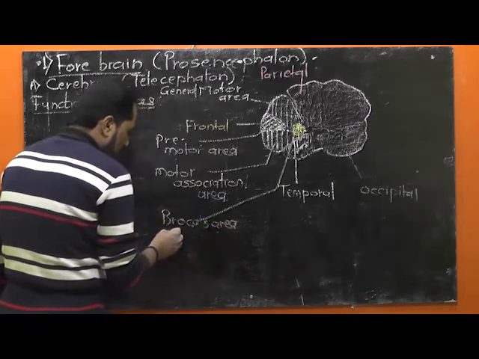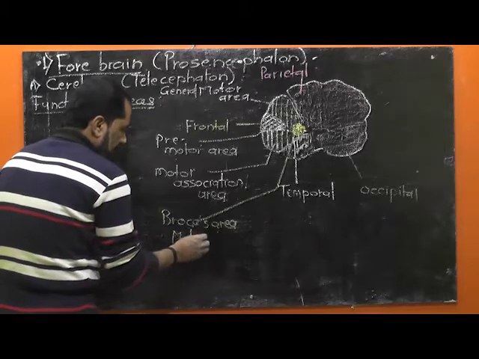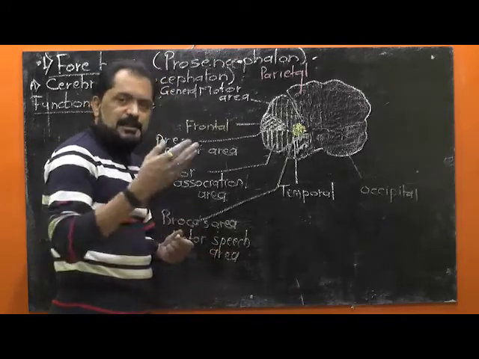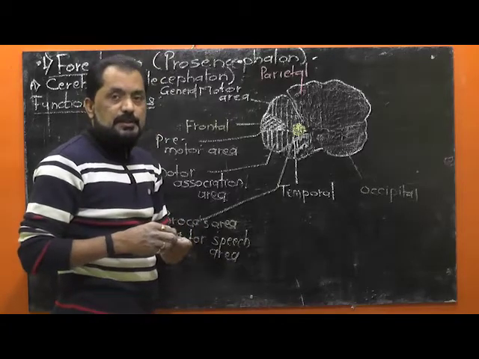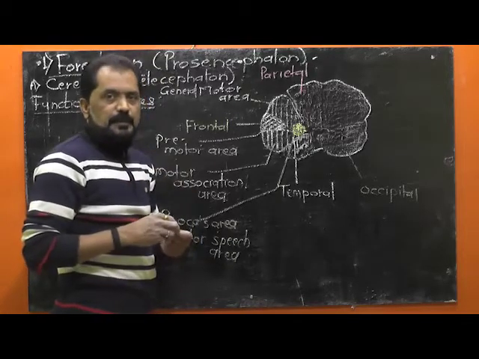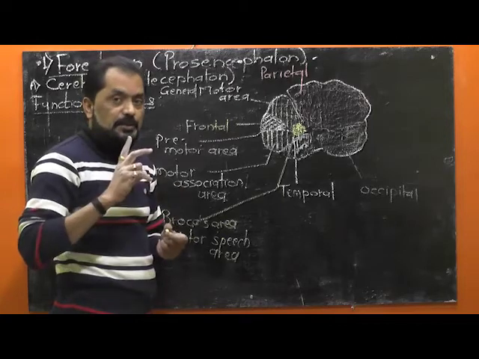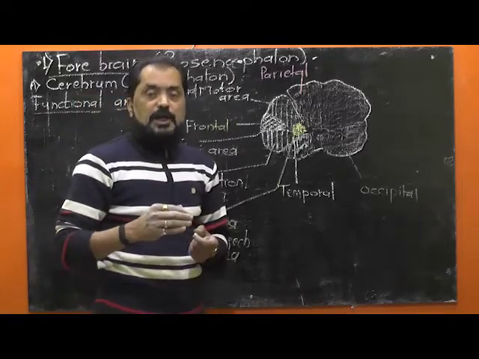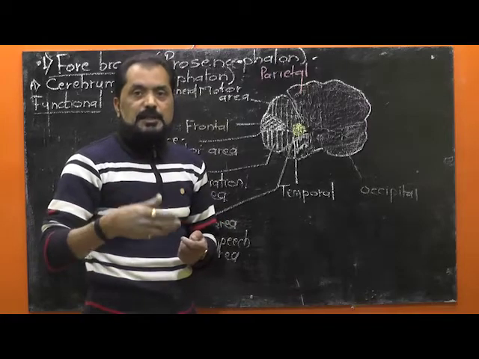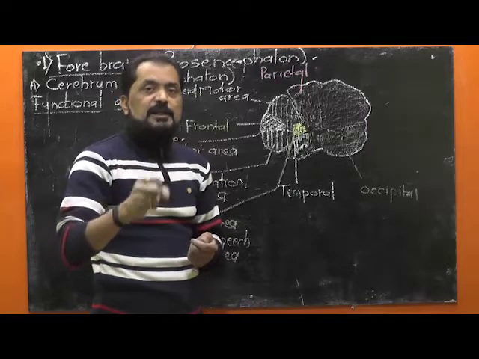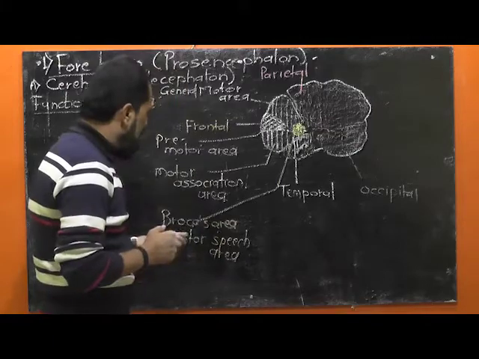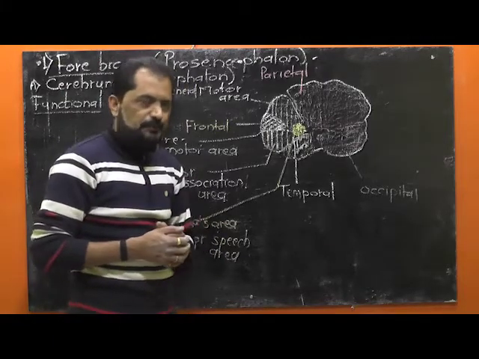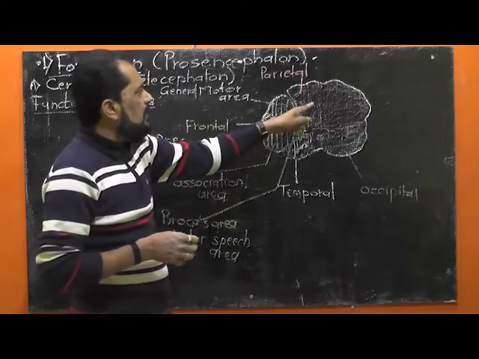It is also called motor speech area, and it translates our thoughts into speech. आपले विचार शब्दांमध्ये व्यक्त करण्याची क्रिया हा ब्रोकाज एरिया करत असतो. Now come to the parietal lobe.